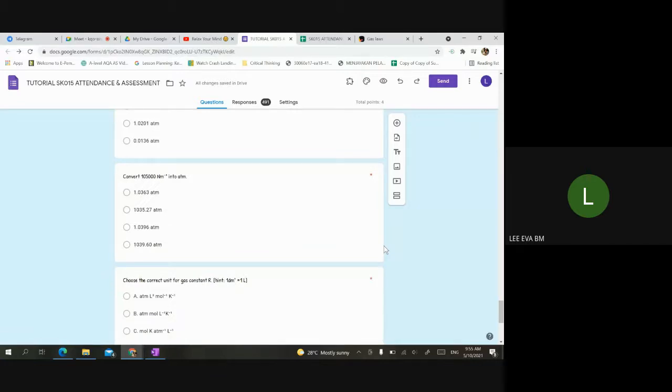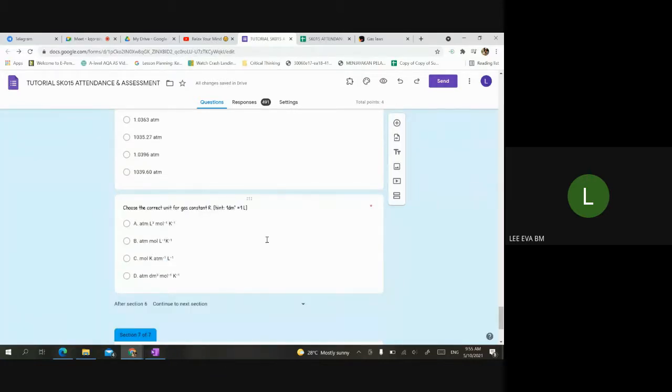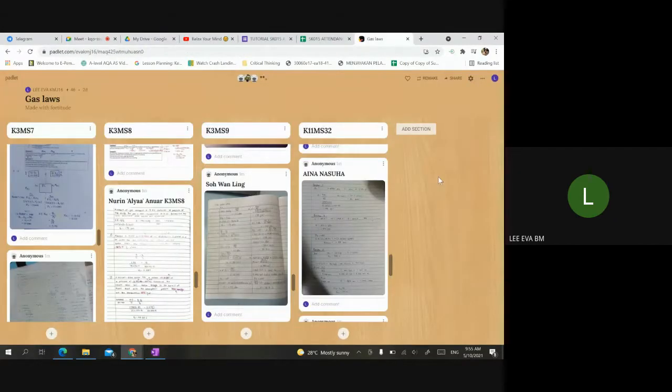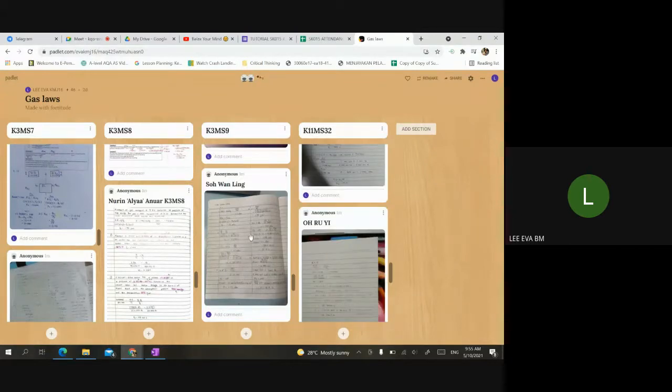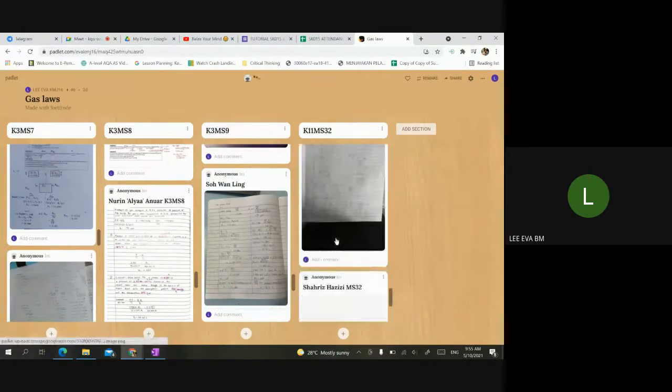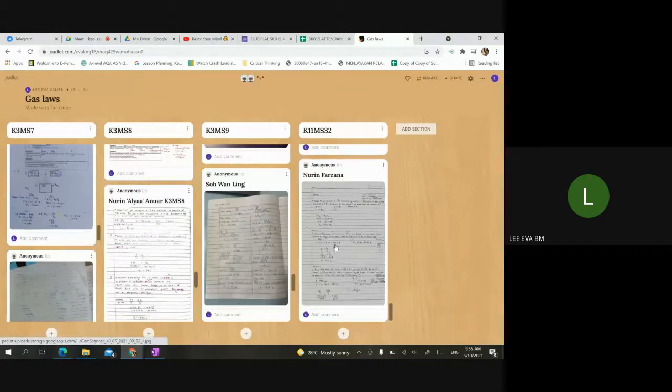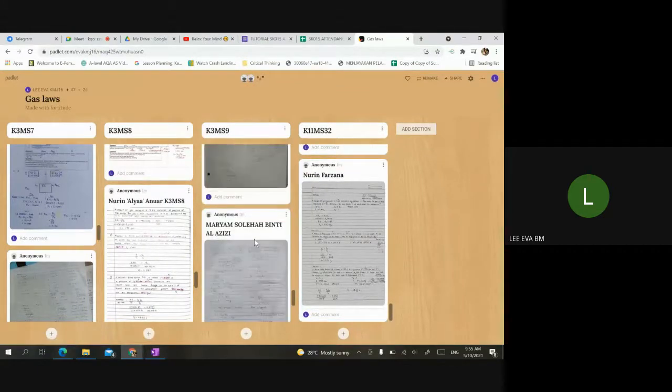So practice a little bit. And then the last one is the gas constant R. But Madam change a little bit of the unit of volume, so choose it accordingly. So kalau awak memang ikutlah Madam punya kelas hari ni, awak akan dapat jawablah semua soalan dengan betul. Syariz ada. Bagus. Nurin. Maria.